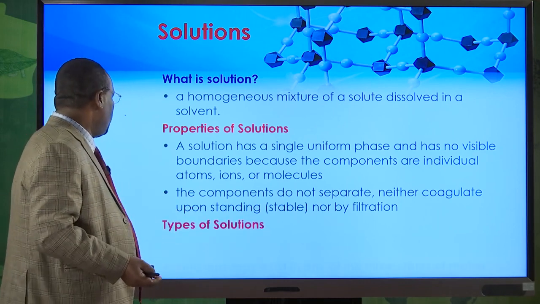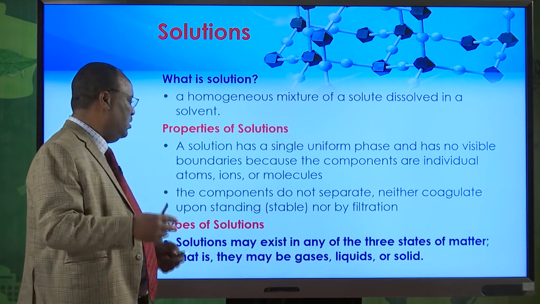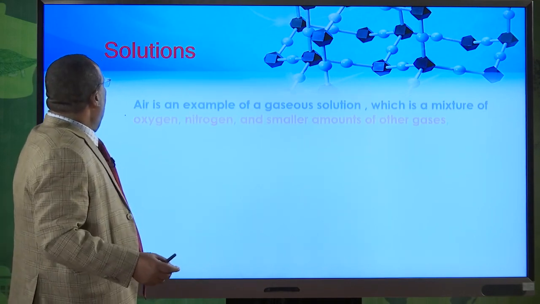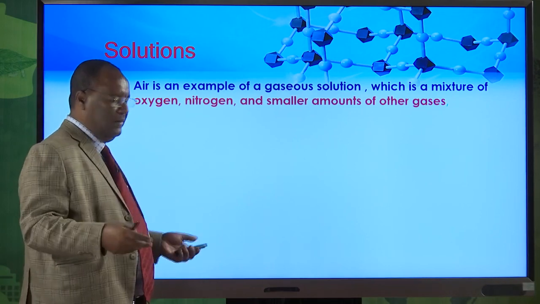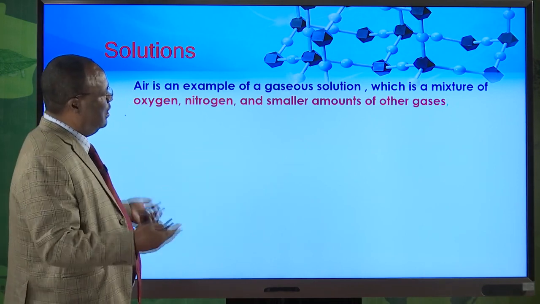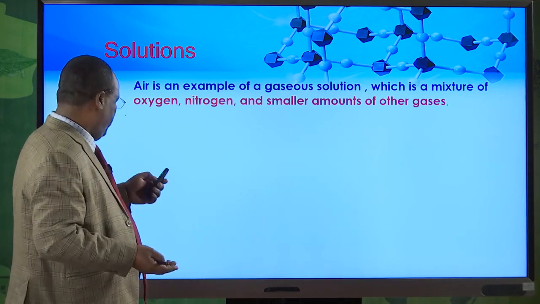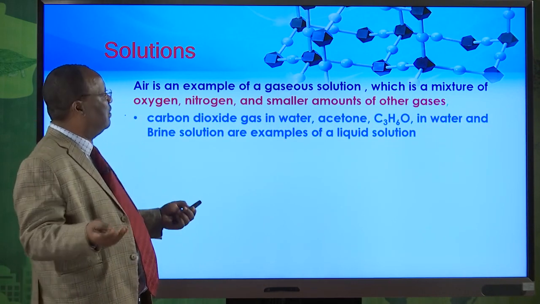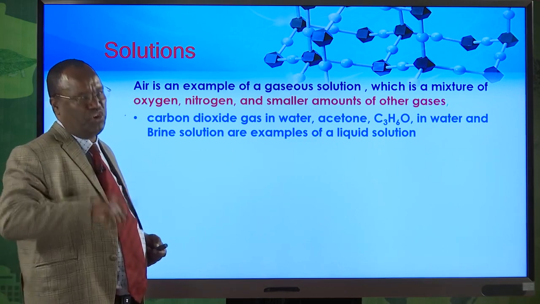You know that there are different types of solutions: gas solutions, liquid solutions, and solid solutions. Here is an example of a gaseous solution, which contains oxygen, nitrogen, and smaller amounts of other gases. So, air is one type of solution. For example, carbon dioxide gas in water, acetone in water, and brine solution are examples of liquid solutions.